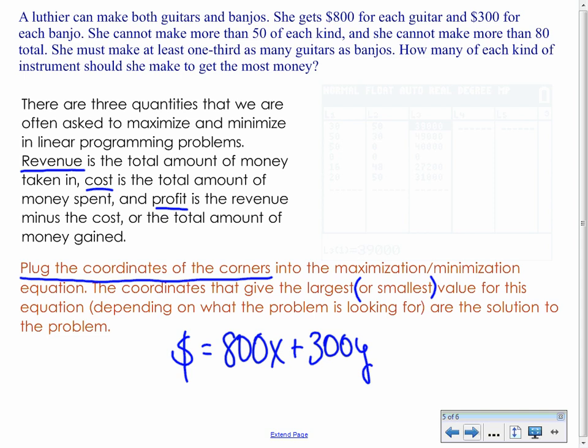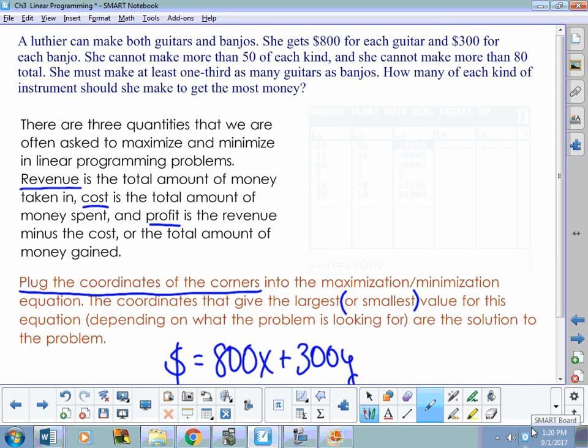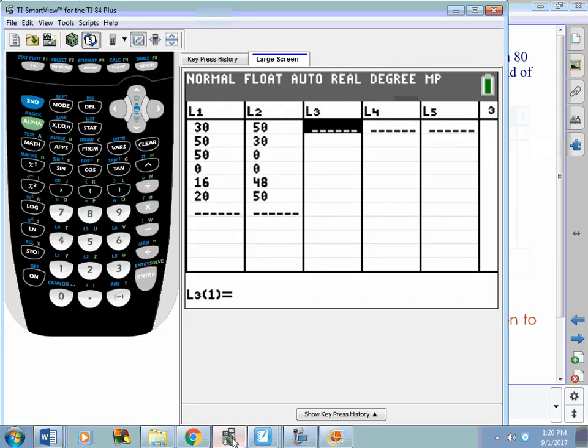All right. Now I kind of took a shortcut here. I plugged it in. You don't have to do this. I plugged everything into the old trusty TI calculator. And you can see I used my lists, and I listed all the corner possibilities.